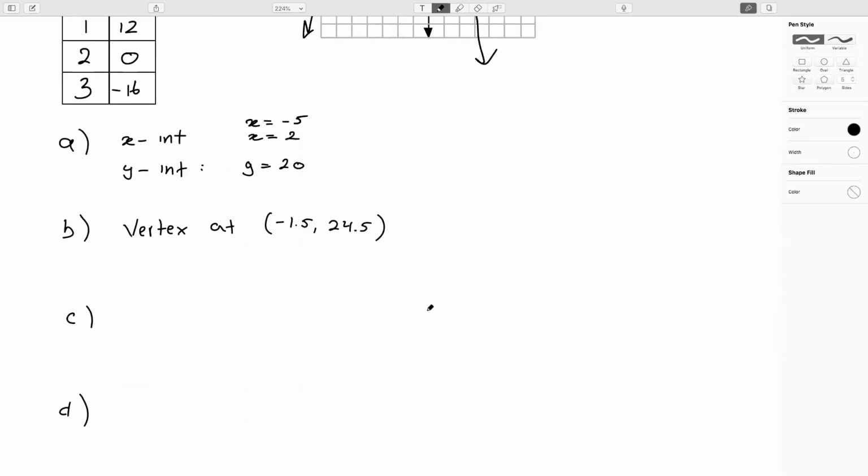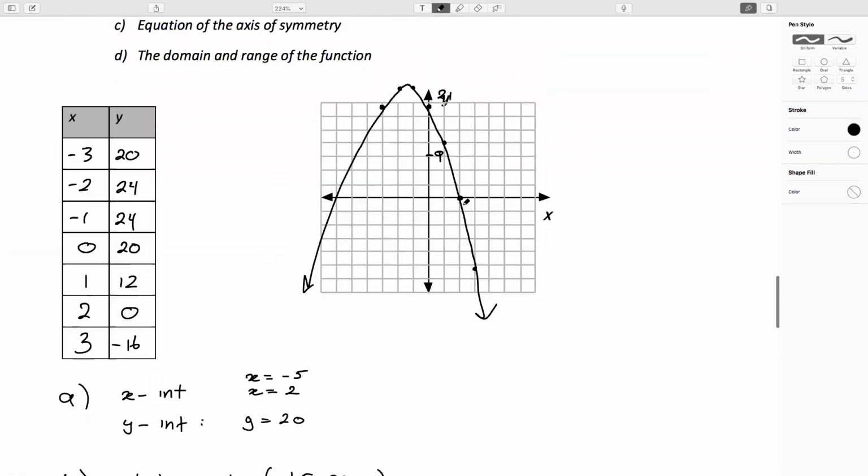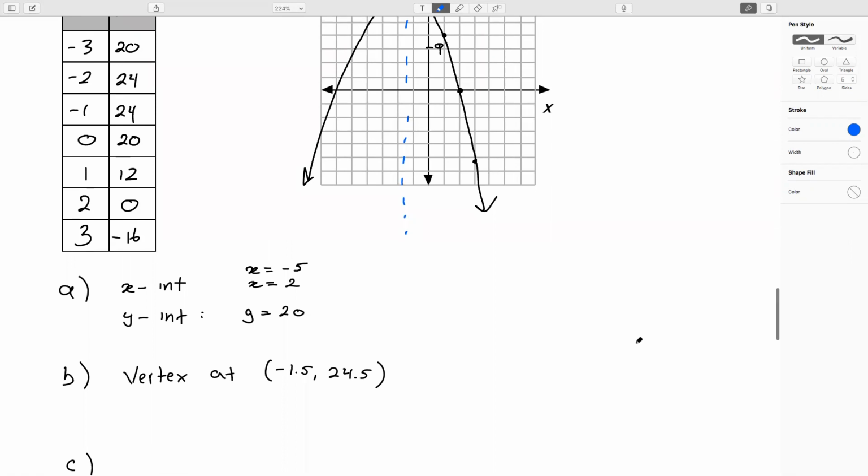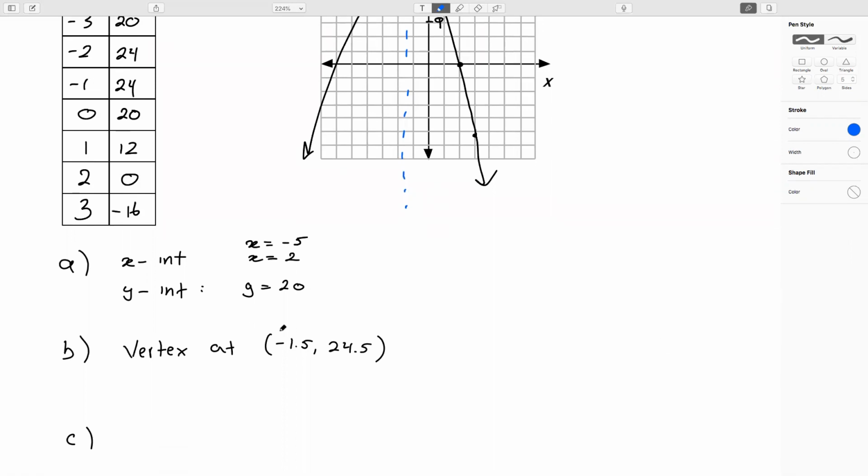Question C, find the axis of symmetry. And here's the neat thing. With a parabola, the axis of symmetry lines up with the vertex. So if I were to draw a dotted line from the vertex down, that becomes the axis of symmetry. So when you're defining the axis of symmetry, you just need to know the x coordinate of your vertex.